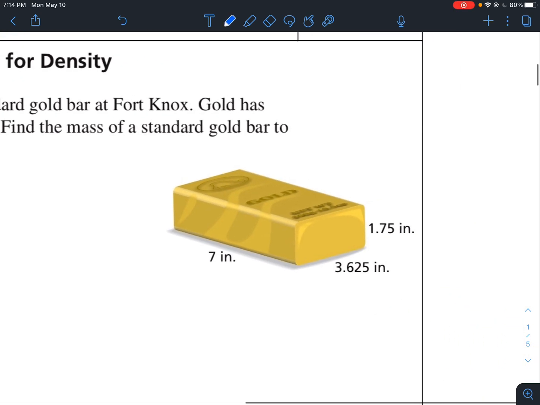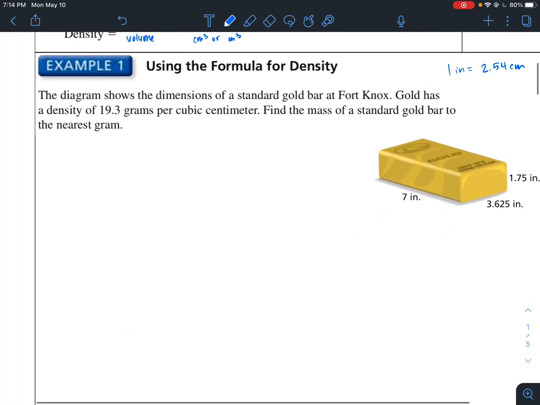First, know that 1 inch is equivalent to 2.54 centimeters. So we can take 7 inches, and to find out how many centimeters are in it, we multiply it by 2.54 centimeters, because for every inch there's 2.54 centimeters.